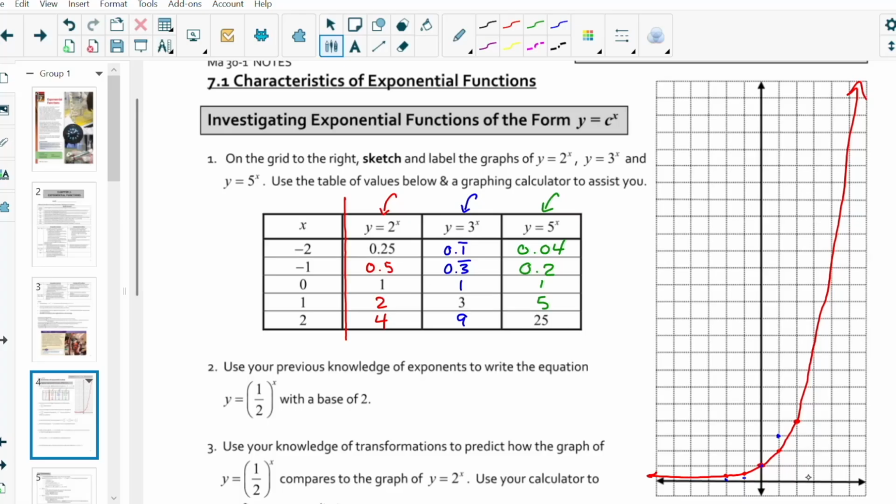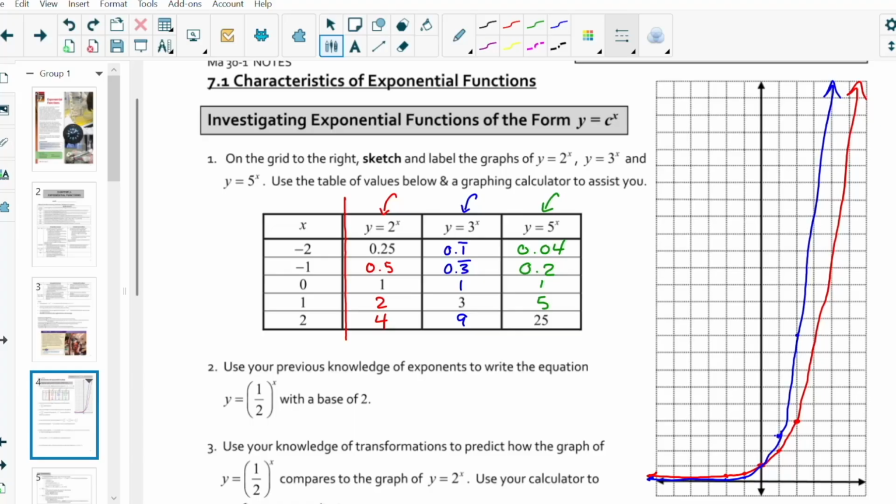8, 9, right there. So carefully draw this one. Okay, there we go.